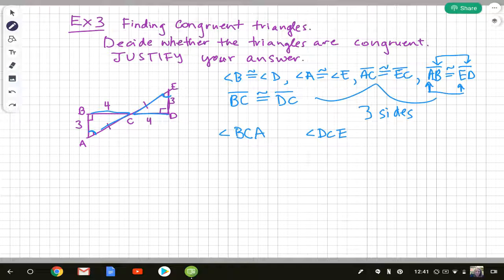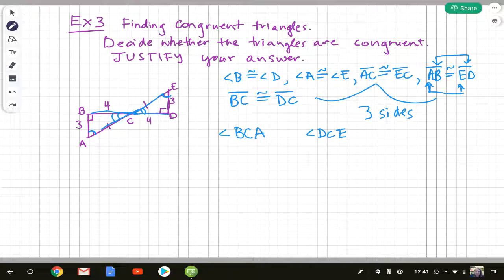So if I look at the picture, I can realize that these 2 angles are vertical angles. Their sides form a straight line with the other angle. So from B to C, and if I continued on to CD, that's one side of the angle, and then A to C and C to E, that's the other side.